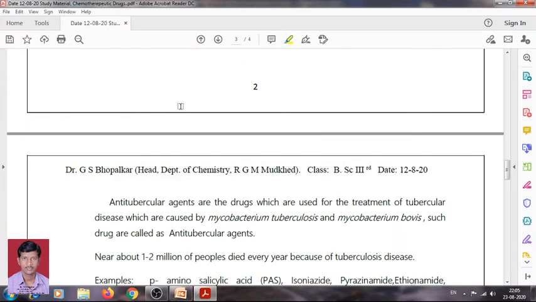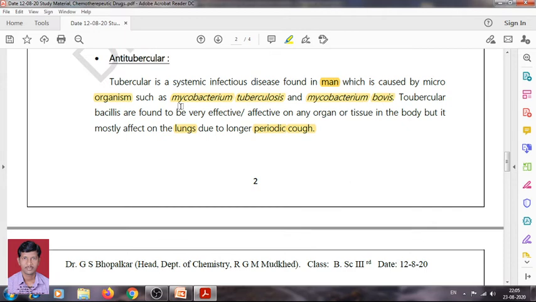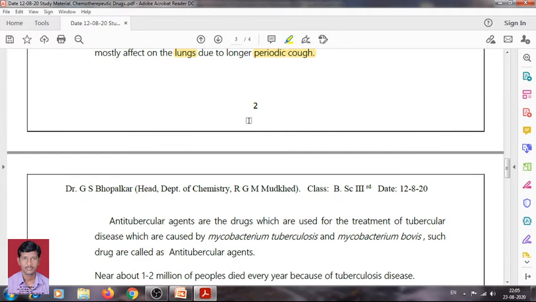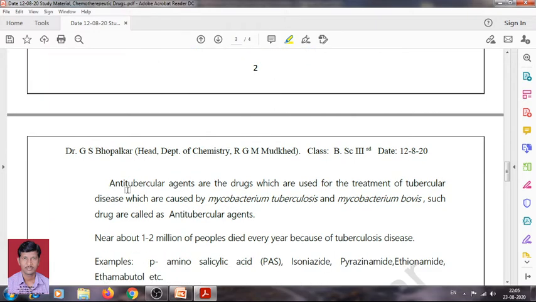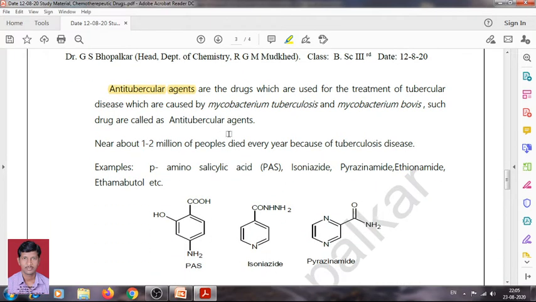Now, to control or treat tuberculosis, the drugs used are commonly called anti-tubercular agents. Then what are anti-tubercular agents?